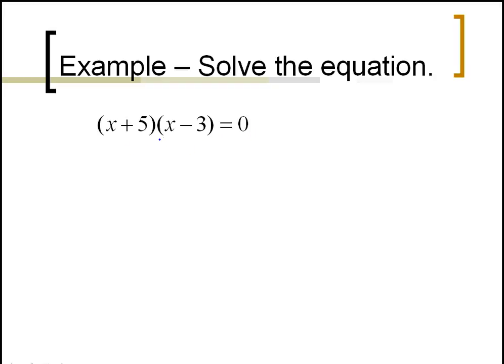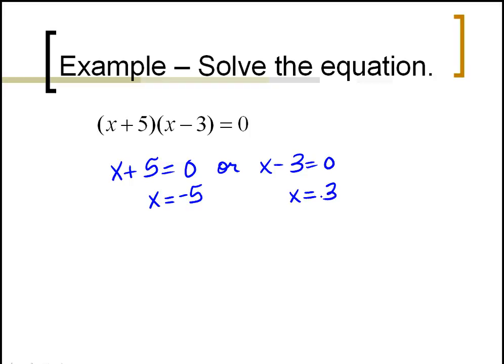So if x plus 5 times x minus 3 equals 0, this tells us that either x plus 5 has to be 0, or x minus 3 has to be 0. We can solve these linear equations by subtracting 5 from both sides to get x is equal to negative 5, or we add 3 to get x is equal to positive 3. So our solution set includes the numbers negative 5 and 3.